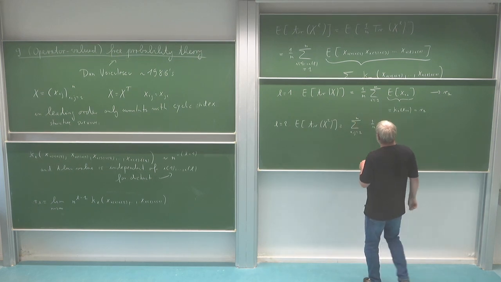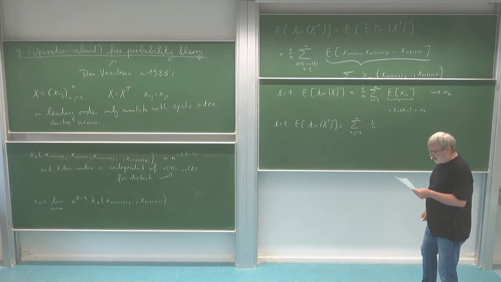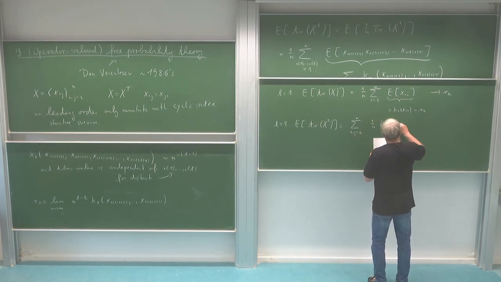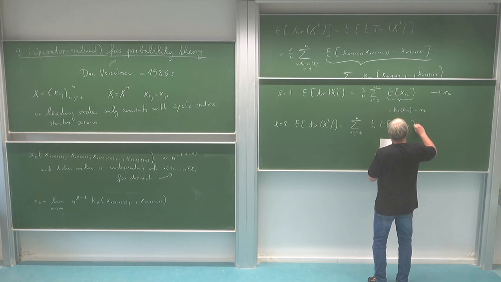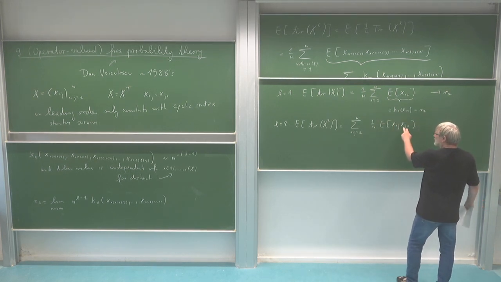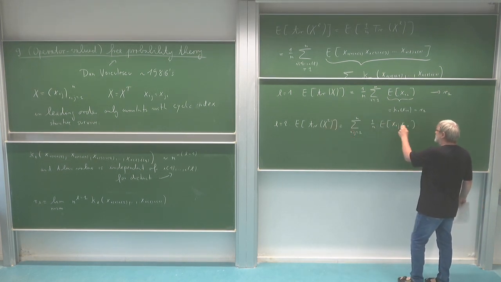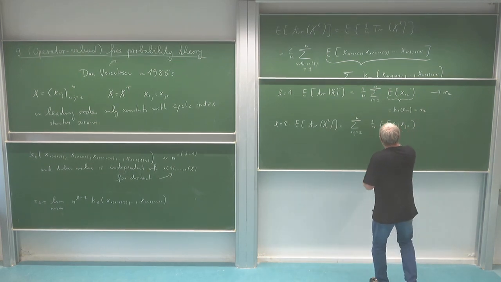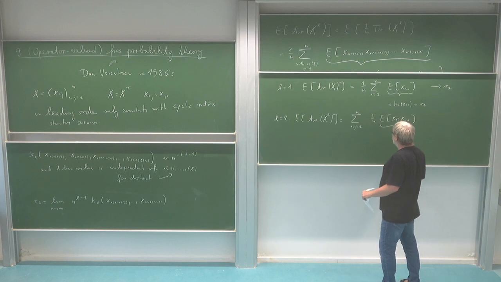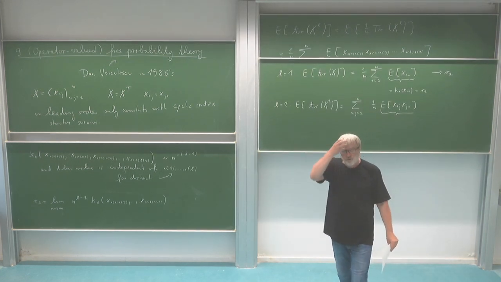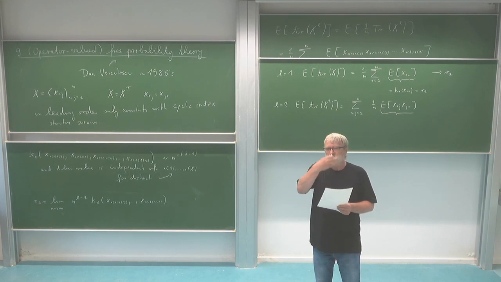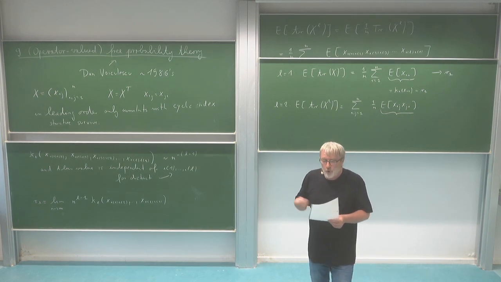I have this 1 over n factor coming from the normalization of the trace, and then I have the expectation of x_ij x_ji. This is the matrix product between the two x's, and summing over the i is taking the trace. Now again I write this expectation in terms of the cumulants of the entries, and the second moment is summing over all pairings of two elements.